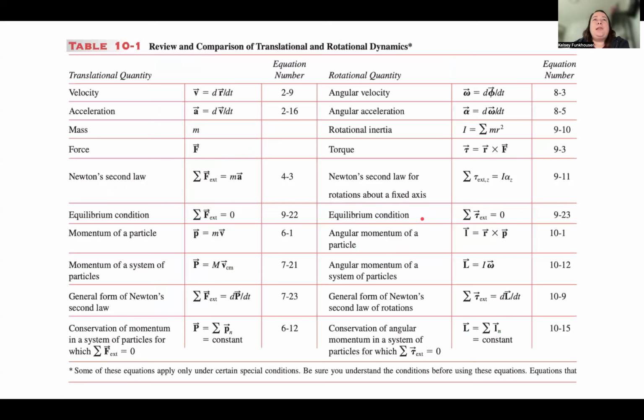What is required for equilibrium, angular and linear momentum, total angular and linear momentum for a system, how the momentum is related to the net torque and net force, and then again another version of Newton's second law, and then conservation of angular and linear momentum.